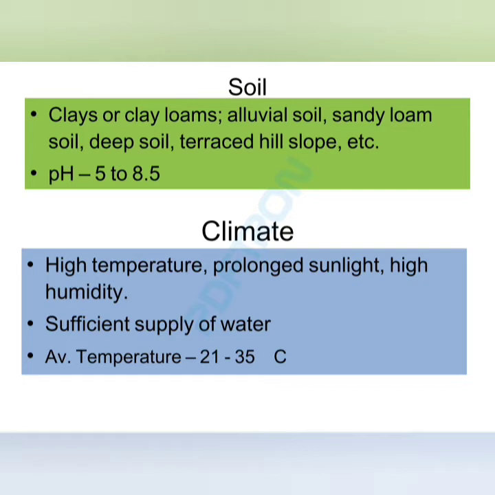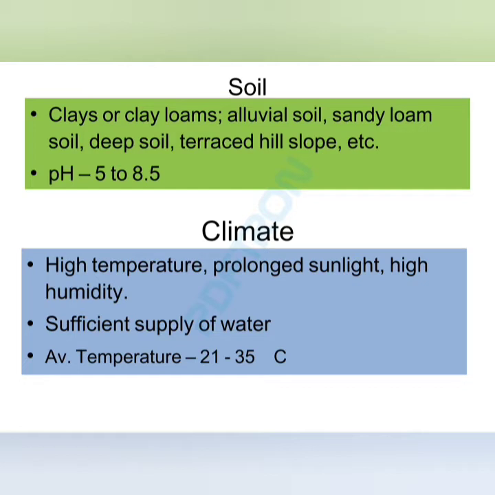This particular crop, rice, grows well below sea level, especially in some regions like Kerala in India, and in some regions like Jammu and Kashmir, it grows well above 1979 meters. So the climatic condition is different from one area to the other, and it requires a range of temperature which usually lies between 21 to 35 degrees centigrade.